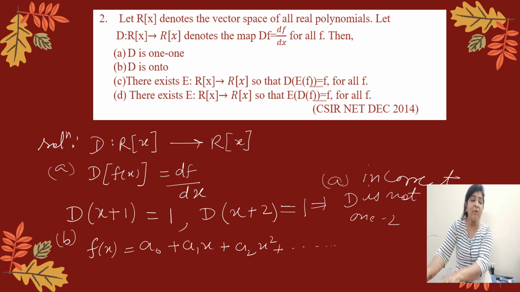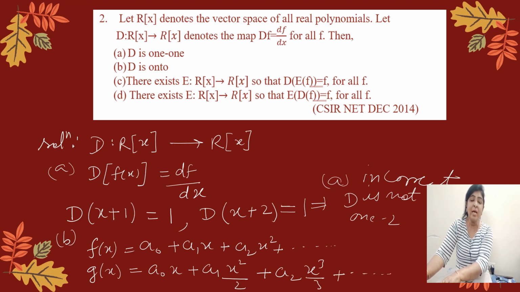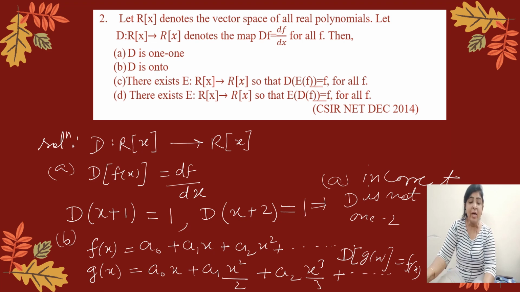Then I define another polynomial g(x) as a0x plus a1x square by 2 plus a2x cube by 3 and so on. Now you can see that D of g(x) is equal to f(x).